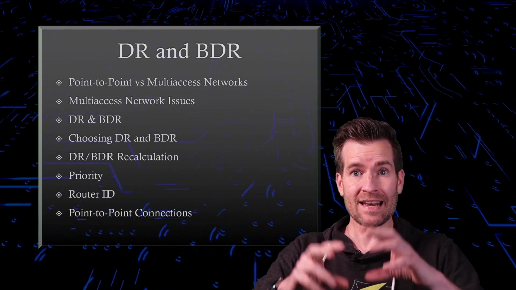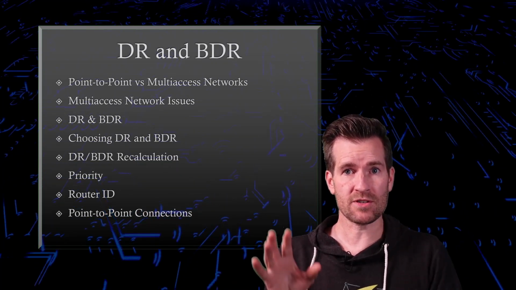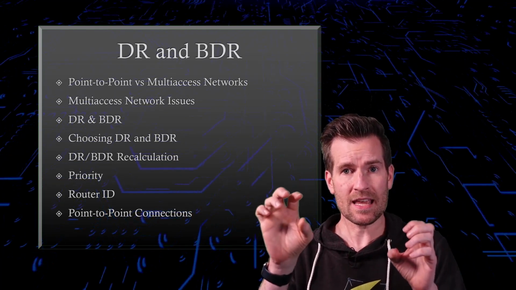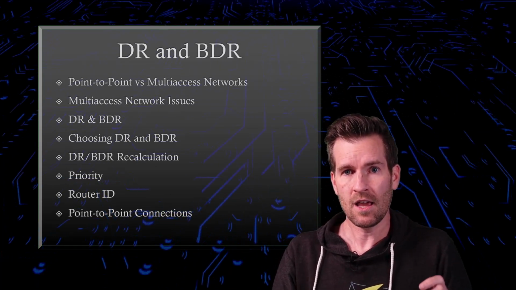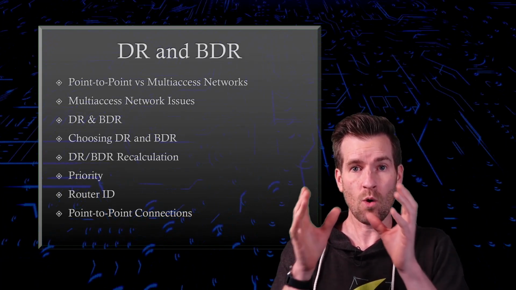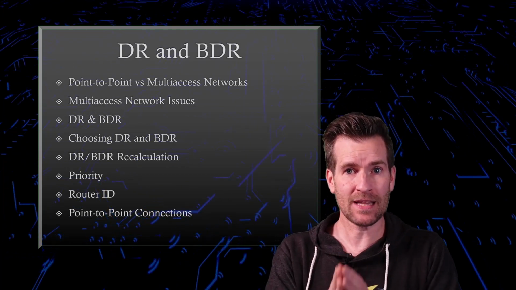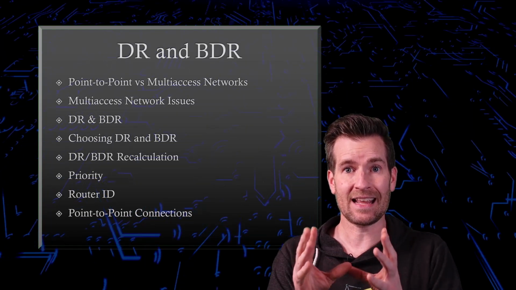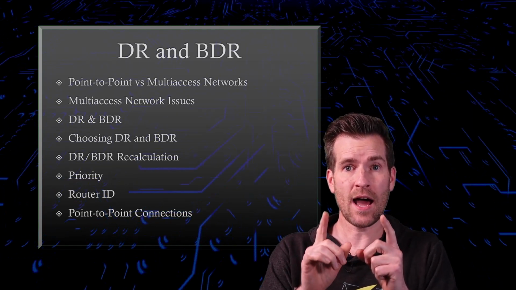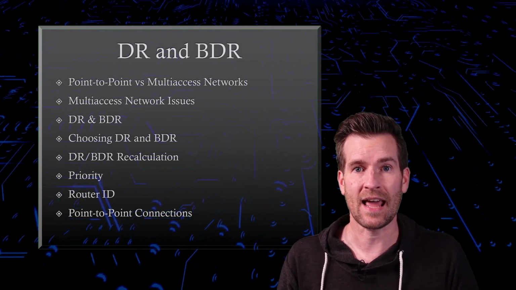The more connections there are and more neighbors that are established, that network can become congested with so much traffic. So to alleviate the traffic, we elect a backup designated router and a designated router and send traffic to that designated router, and then that designated router disperses the information out.